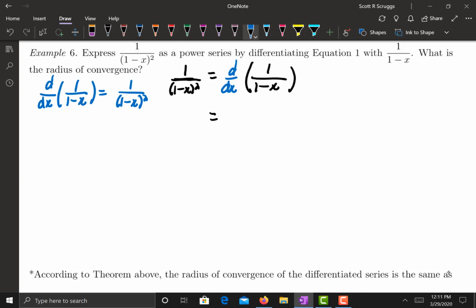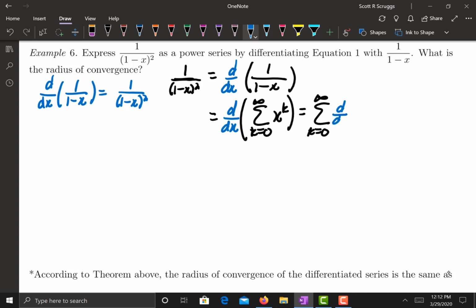And then I recall that I could rewrite 1 over 1 minus x as the sum of x to the k, and take the derivative of that. Now, using our theorem, we can take the derivative term by term.